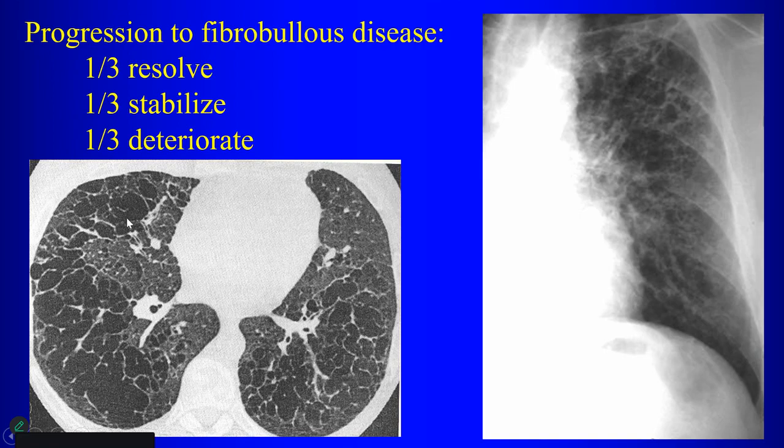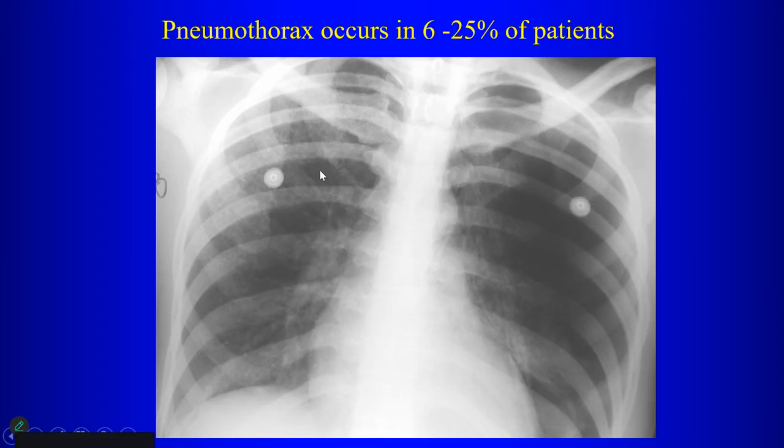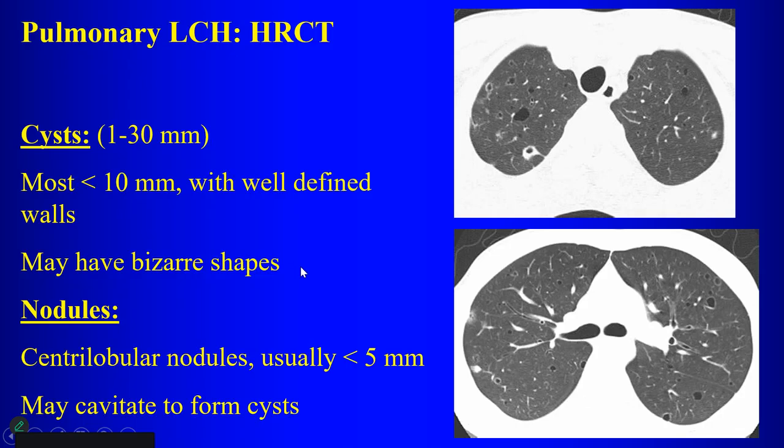As it progresses, these cysts can coalesce and develop larger emphysematous areas within the lungs. In some cases, this can resolve if the patient stops smoking. In some cases, it stabilizes, and in some cases, it will deteriorate. So if you have interstitial lung disease, upper lung distribution, associated with pneumothorax, which is also common in these patients, we can think of Langerhans cell histiocytosis.